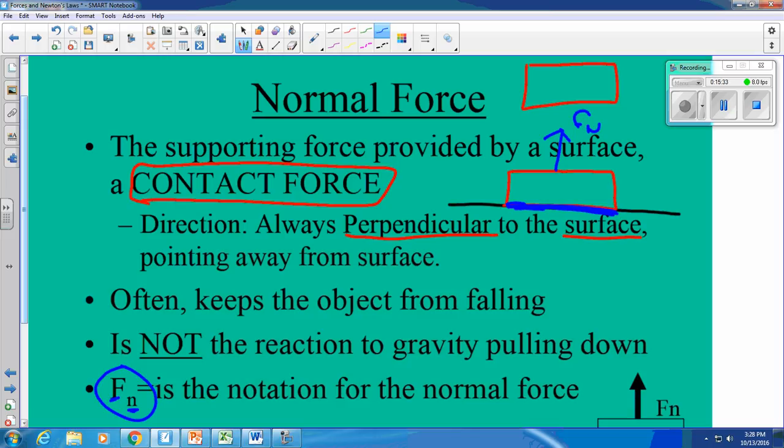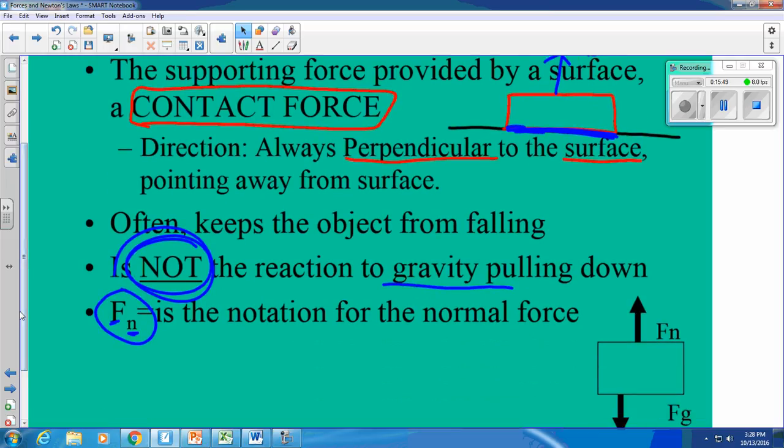Often, this is a force that keeps things from falling through the ground or through the earth or through a material. But we need to know it is not a reaction to gravity. Why? Well, in some problems, your box is right here, and maybe it's sliding down a vertical wall.